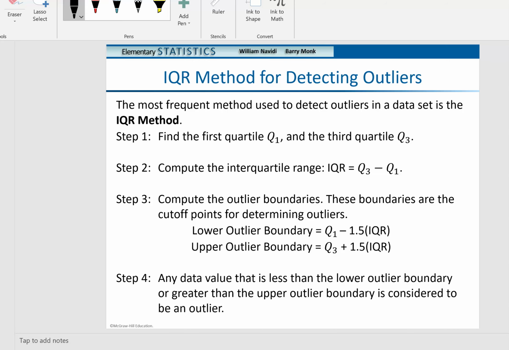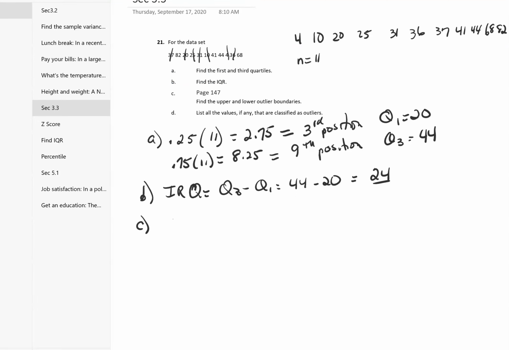Here it is right here. The lower boundary limit is Q1 minus 1.5 times IQR. So it's going to be Q1 minus 1.5 times IQR.